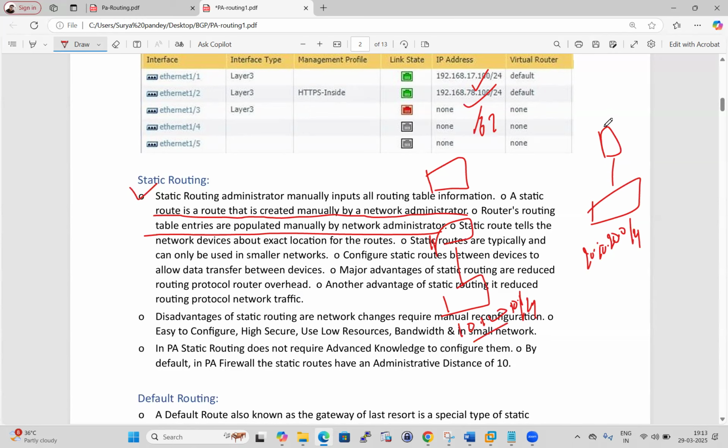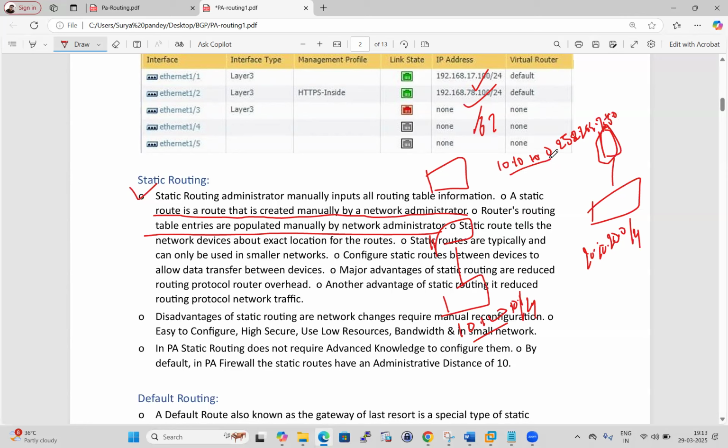So on this router, we can add a static route. Go to the configuration terminal of the router and run the command ip route 10.10.10.0 and put the subnet mask 255.255.255.0.